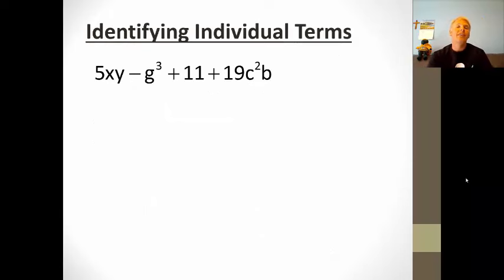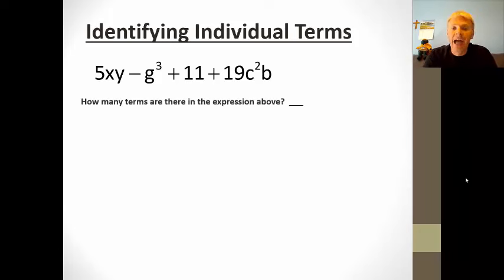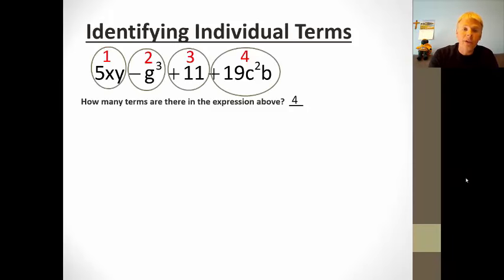Well, now that we got the vocabulary out of the way, let's break that vocabulary down looking at a specific example here. First question we have, how many terms are there in the expression above? Remember, how did we separate terms? Well, hopefully you said 4 terms. We can see that there are 4 terms because we know terms are separated by addition or subtraction symbols.